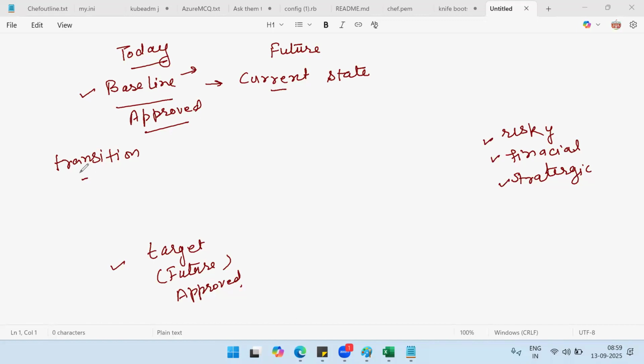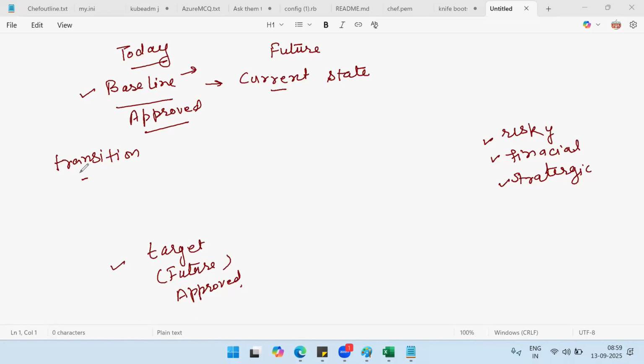The transition architecture is a fully functional future state, but in an incremental way, so that partially you can check after a specific time whether the target is achieved or not. So that is called the transition architecture, right?